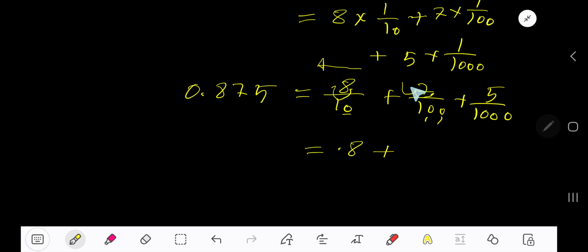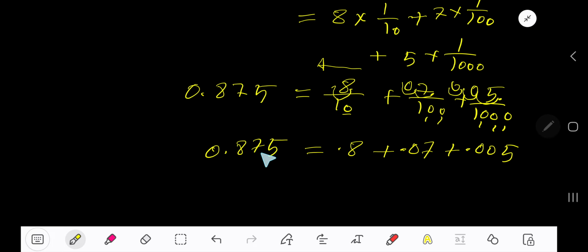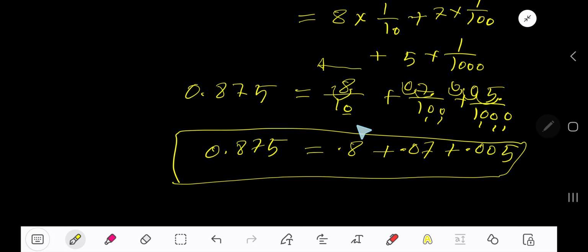Then 1, 2, you will get a placeholder 0, and 3 digits, 1, 2, 3. So 0.005. So this is the expanded form of this.